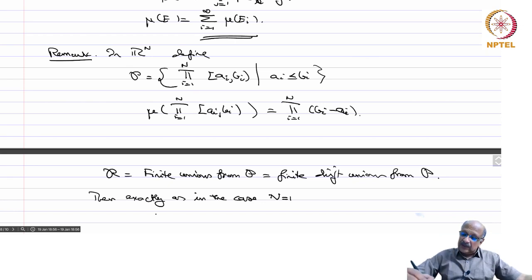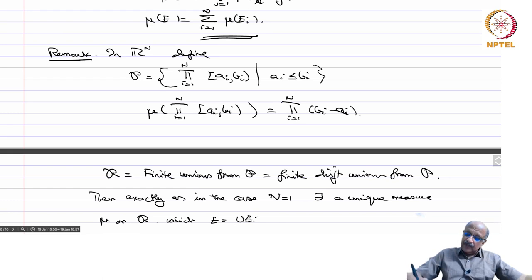So exactly as in the case n equals 1, there exists a unique measure mu on R, namely: if E equals the union of Ei, i equals 1 to small n, with Ei in P and Ei disjoint, then you have mu of E equals the sum over i equals 1 to n of mu of Ei.